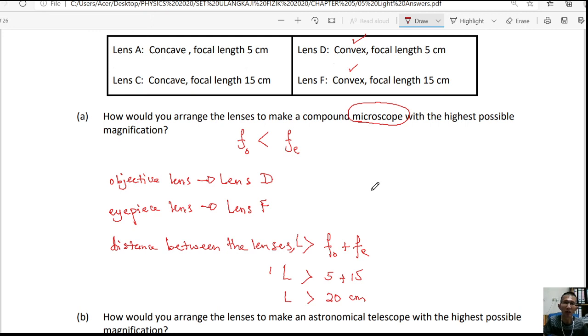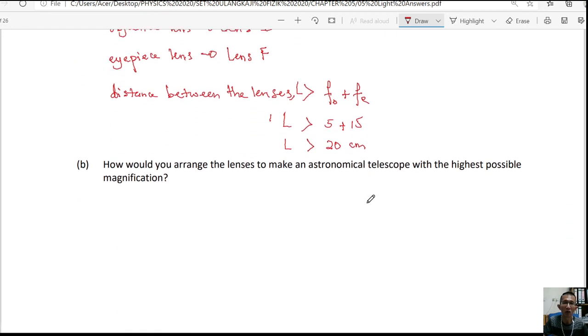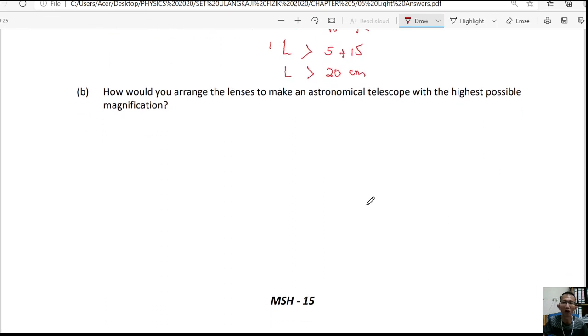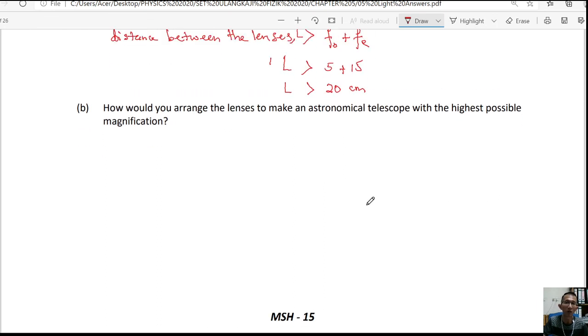Okay, using the same information, how are you going to build an astronomical telescope? So for a telescope, again, we have to use convex lens, right? Now, what about FO versus FE? For a telescope, you are using it to see far away objects, so FO must be greater than FE.